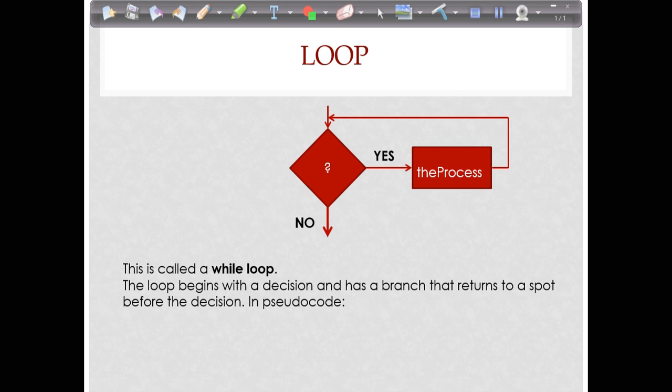We call this, in general, a while loop. The loop begins with a decision, and then the branch returns to a spot right before the decision is made. In pseudocode, this looks like a while. So we might say while, condition is true, do the process. And we have another keyword at the end that says end while.